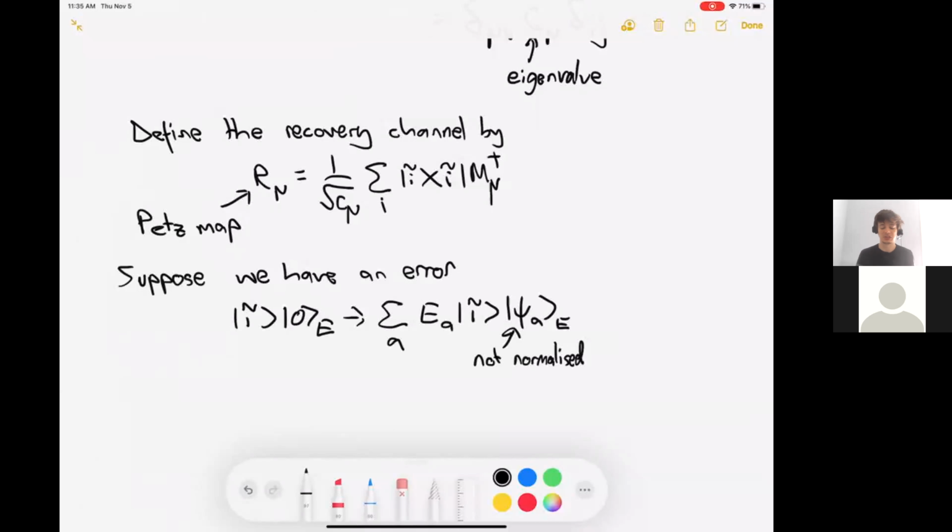Okay, so we're just expanding this as a superposition of different errors EA and then absorbing the amplitudes into this non-normalized state psi A.